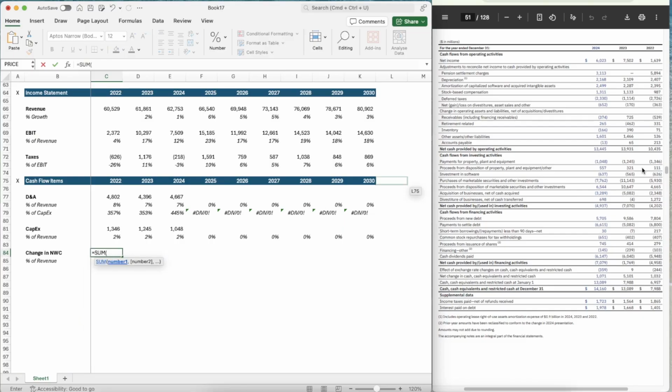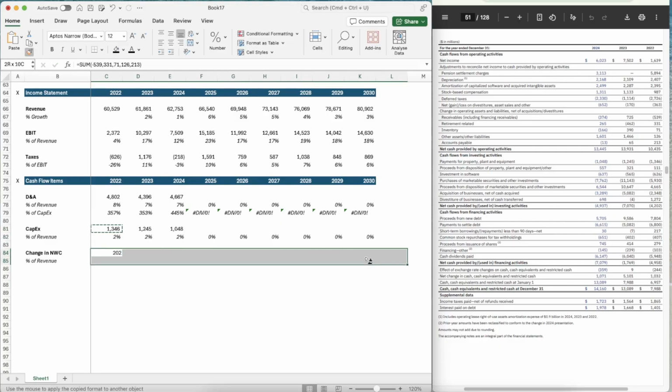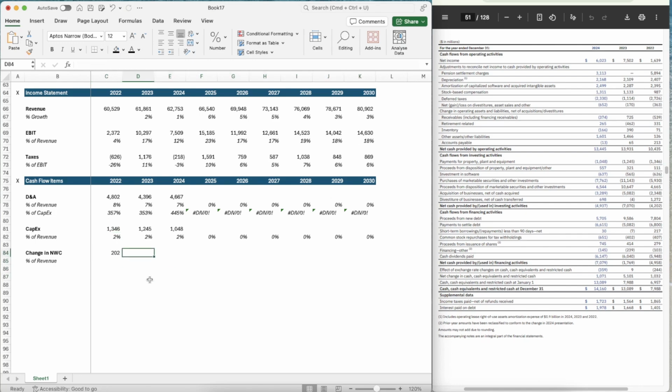So equals sum, and remember it's the sum of these. So minus 539, 331, 71, 126, 213. Equals sum 725, negative 462, 390, 1466, 65.